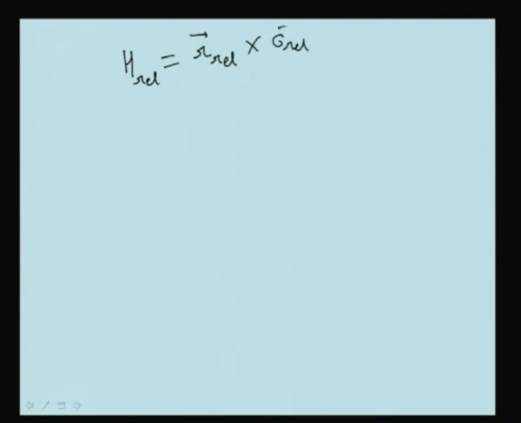Now if you take the time derivative, so H dot rel is equal to r dot rel cross G rel plus r rel cross G dot rel.